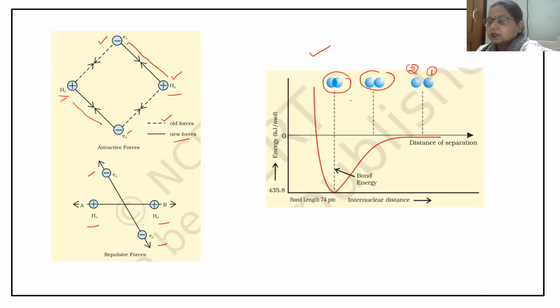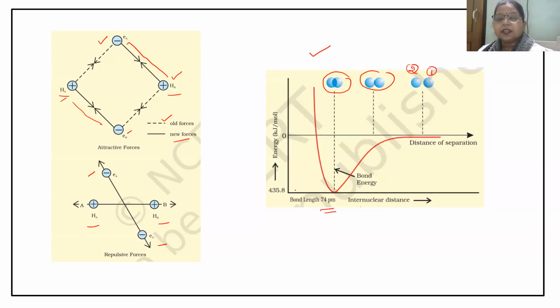In this image, the bond length corresponding to this is 74 picometers because it is an internuclear distance, the internuclear distance at which the sum total of new attractive forces is more than repulsive forces. Attractive forces are say 100 units, repulsive forces are let's say 40 units. So attractives are more, that means a molecule will be formed by the overlap, right?